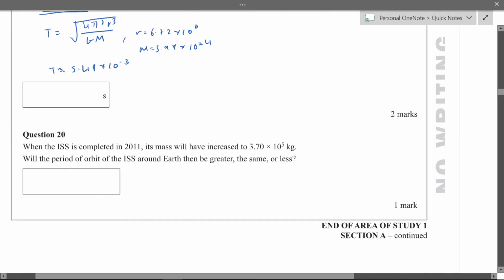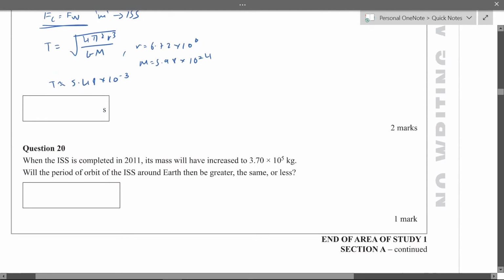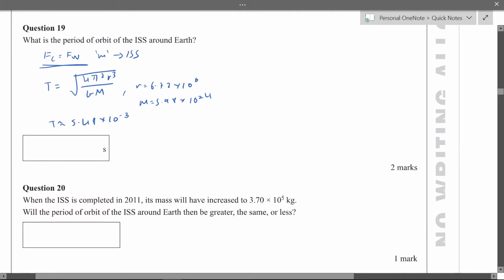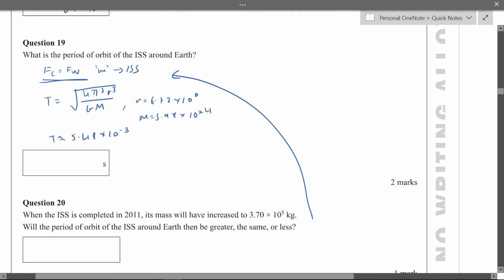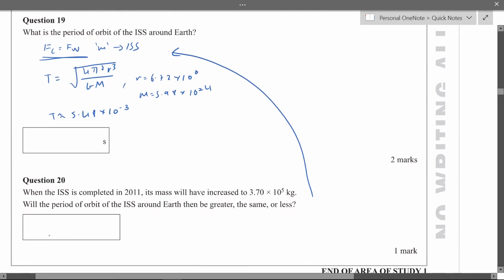When the ISS is completed in 2011, its mass will have increased to 3.7 times 10 to the 5. But as we determined here, that will have no effect on the period because it's not dependent on that. It will be the same, and I'll write it so we know what happens. FC equals F weight.